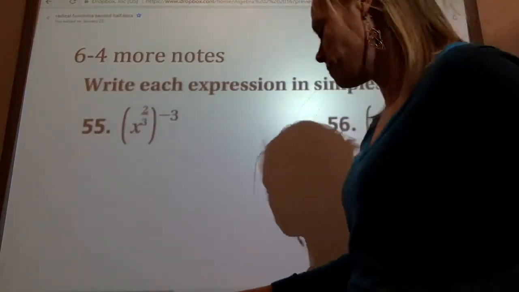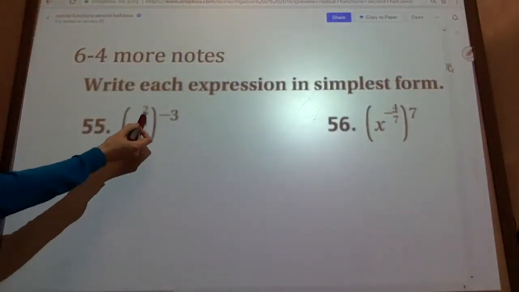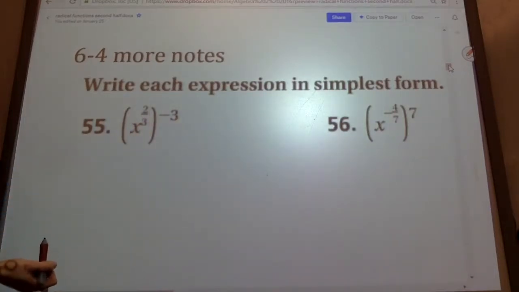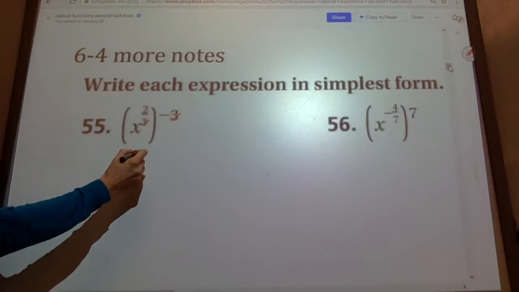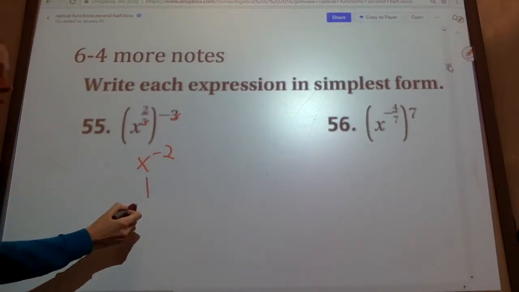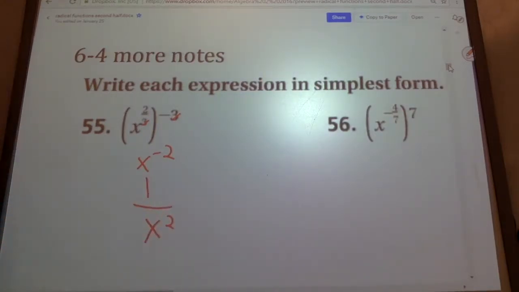Okay. So for example, I have 2/3 times -3. What happens to the 3's? They cancel, so I get -2. Can I have -2? No, that's got to go to the bottom and become positive. Wait, why is it -2?